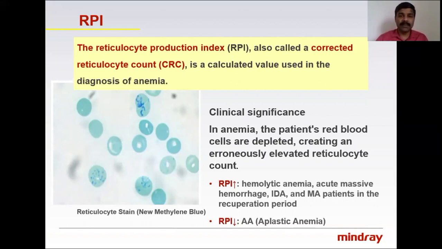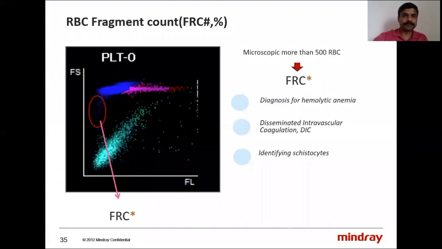This RPI can be used for predicting and identifying different cases like hemolytic anemia, massive hemorrhage, iron deficiency anemia, or aplastic anemia. So these are the different applications. All these will be provided as a profile in the advanced Mindray hematology analyzer.